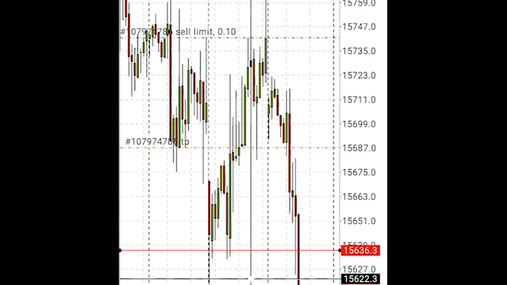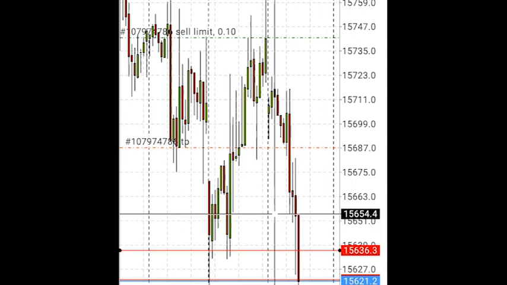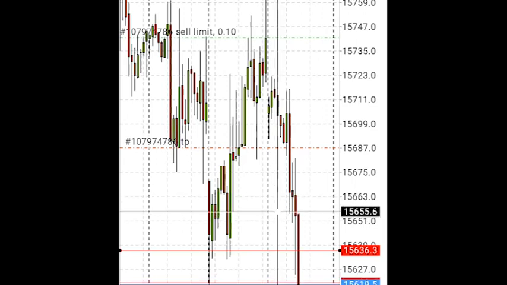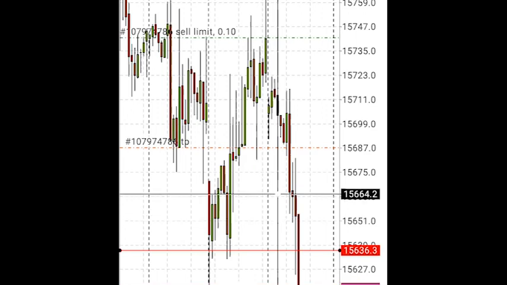Our stop loss is going to be at 1.5664.2.